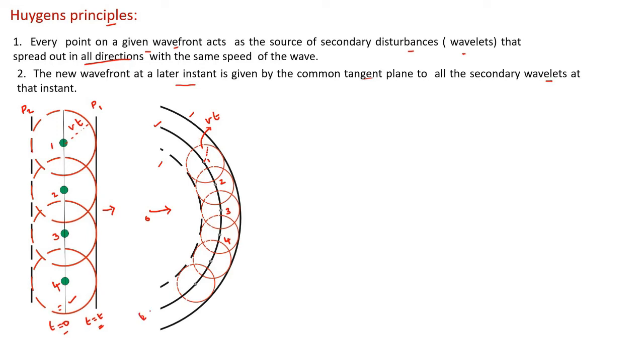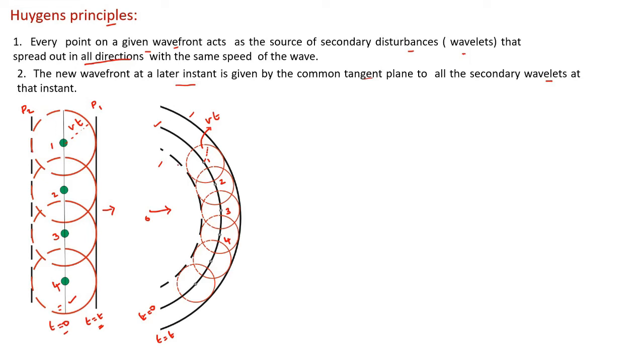Let's say this is t equal to 0, this is t equal to t. That's why this distance will be v into t. Distance is speed into time, so v into t. This is the common tangent. But here the back wave will be absent. The wave is propagating from left to right, so the absence of the back wave is there.